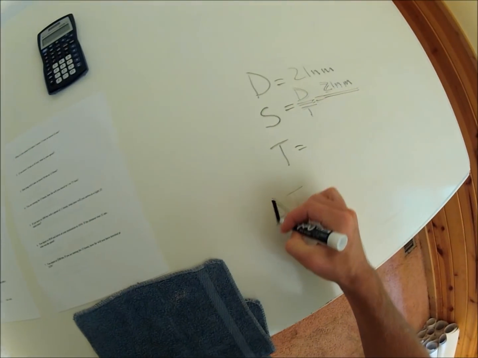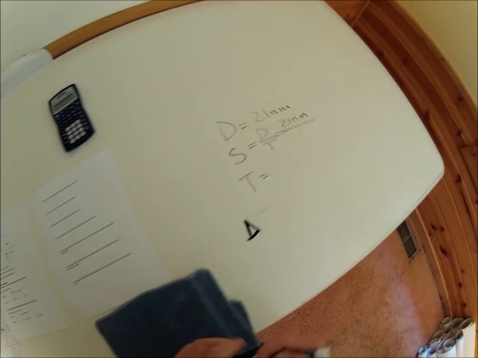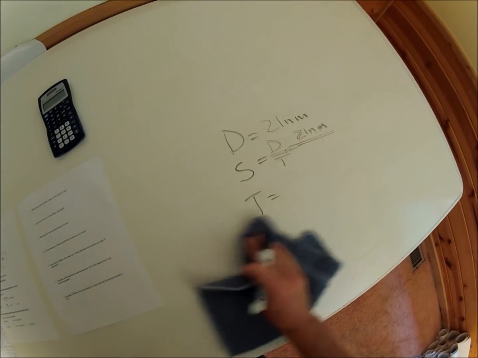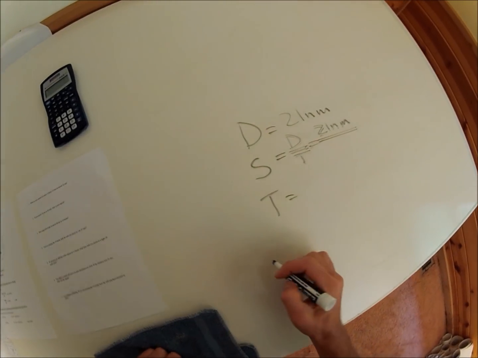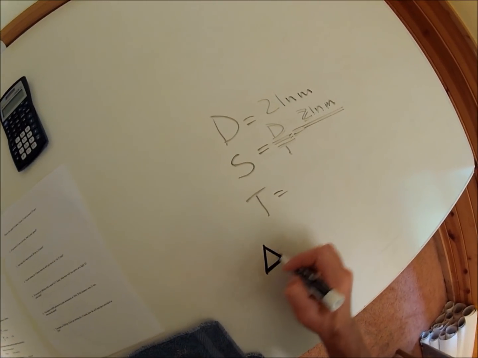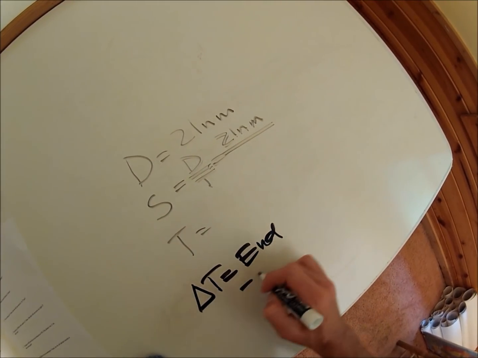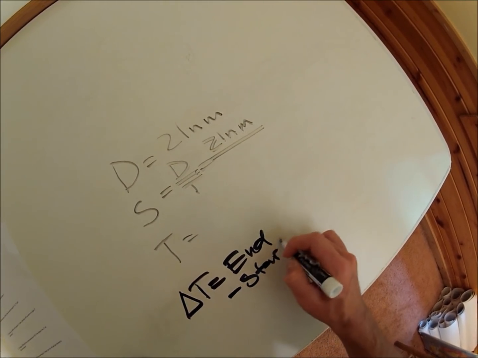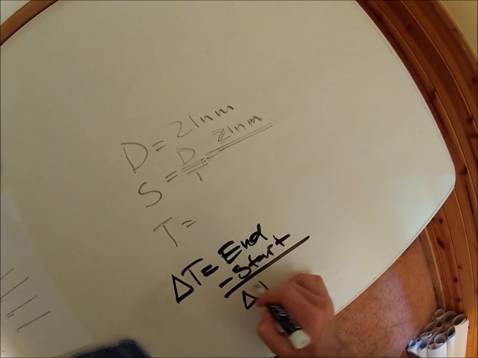Okay, time. How do we get time from here? So change in time is equal to the end time minus the start time, right?